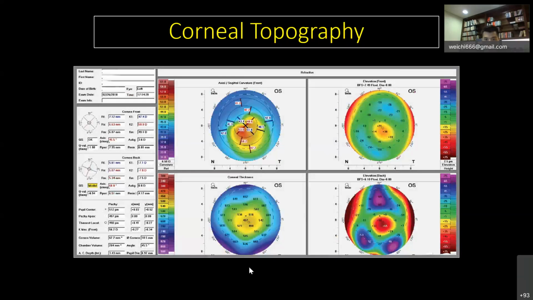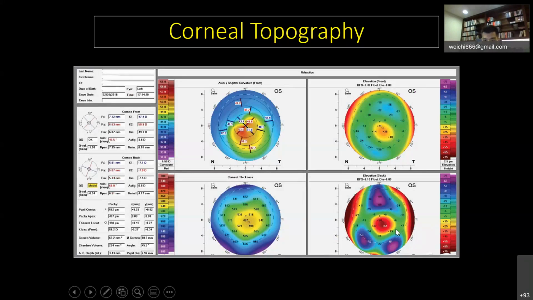So for example, you could see that there's a hot color, red, here. That means the curvature here is abnormal, it's too steep. Clinically, this is a disease called keratoconus.